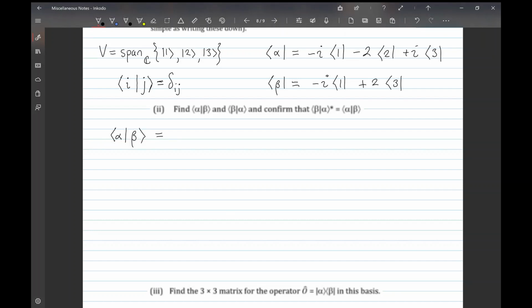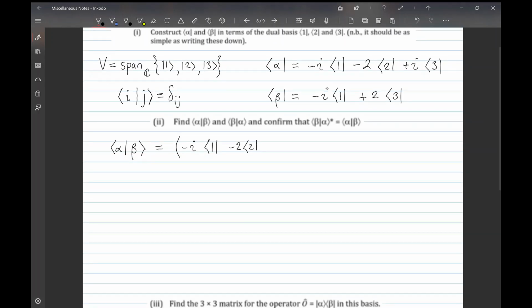So here we're talking about the bra alpha, as we just wrote down before, minus i, 1, minus 2, 2, plus i, 3. And then we write next to it the ket beta. Now the ket beta was i, 1, plus 2, 3.